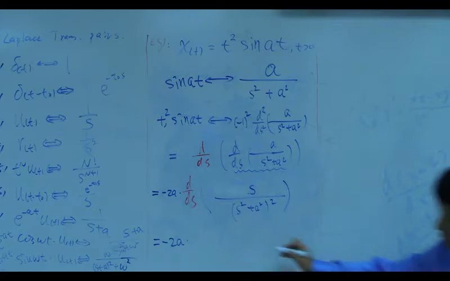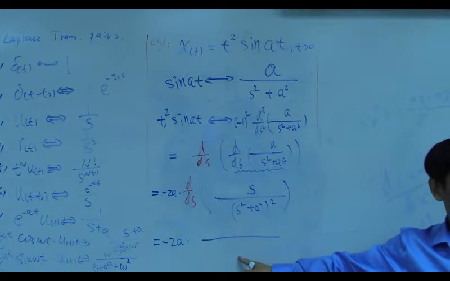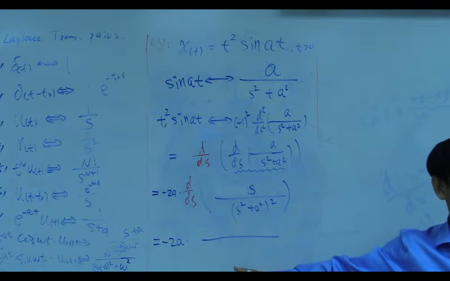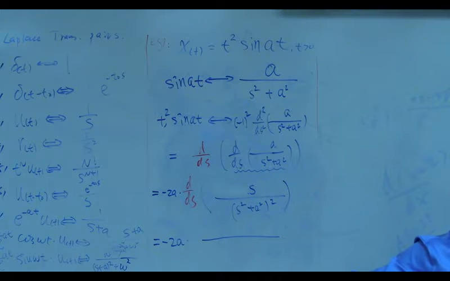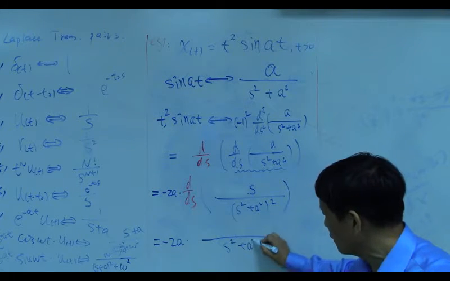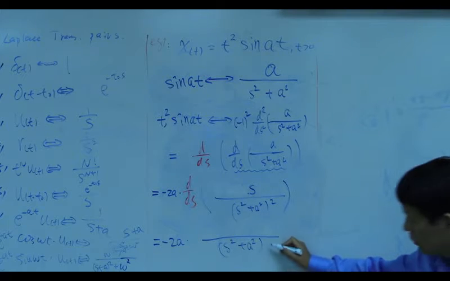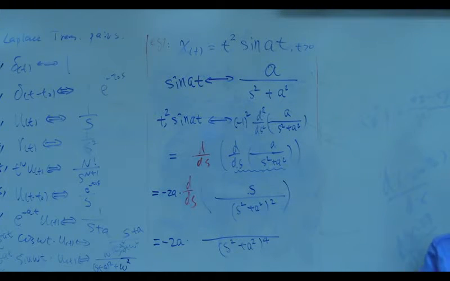The first way is, what's on the bottom? The bottom square, right? The bottom square, so that will be s squared plus a squared to the fourth.